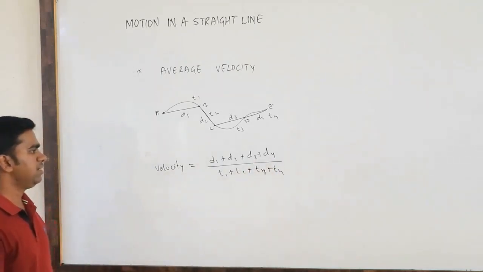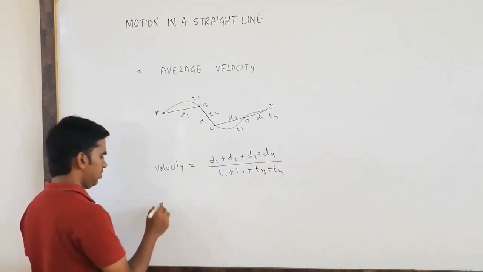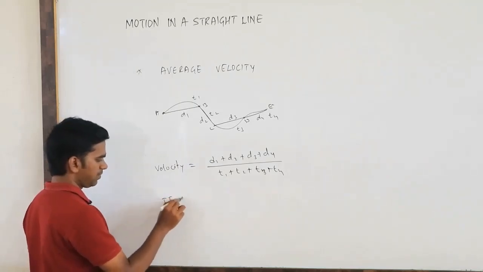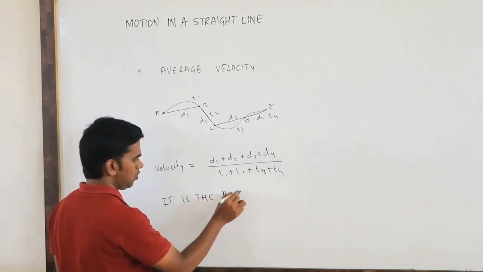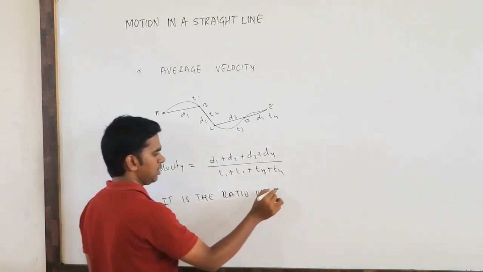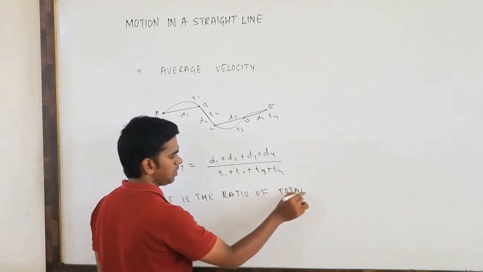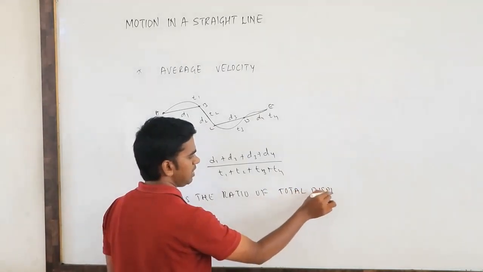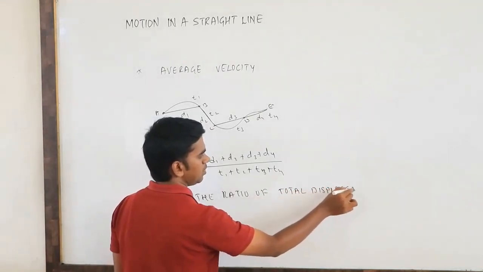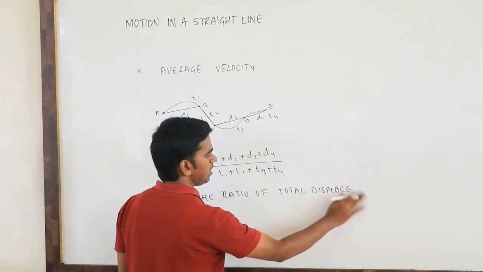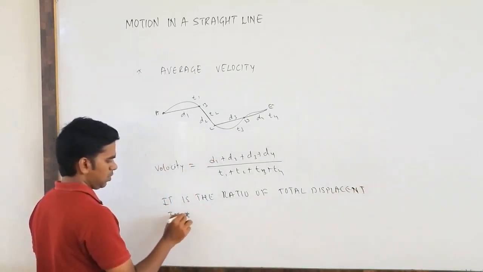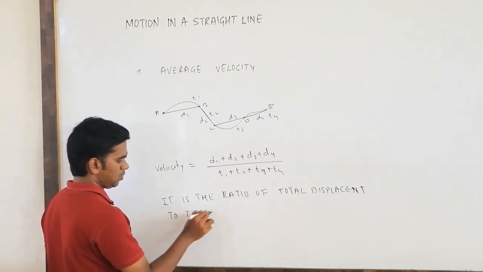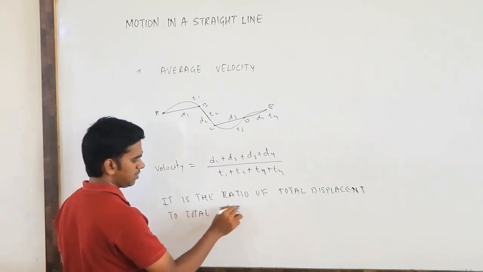So how can we define it? Simple. It is the ratio of total displacement to total time taken.